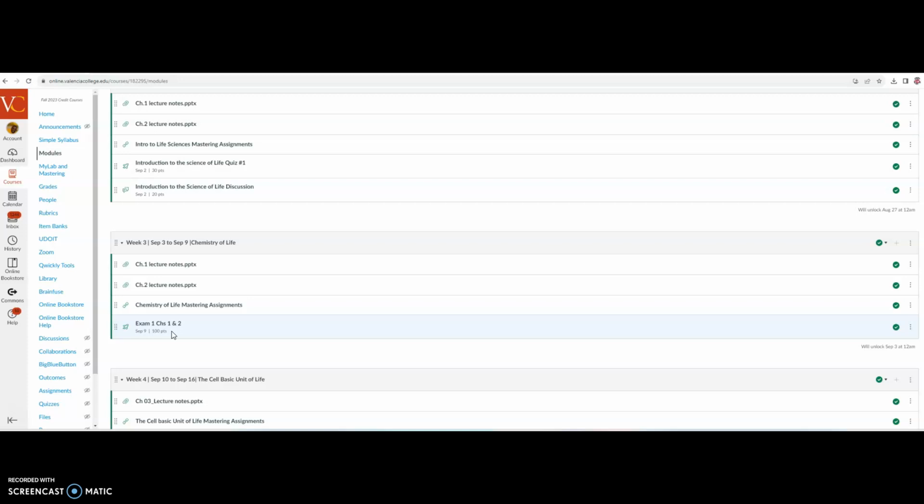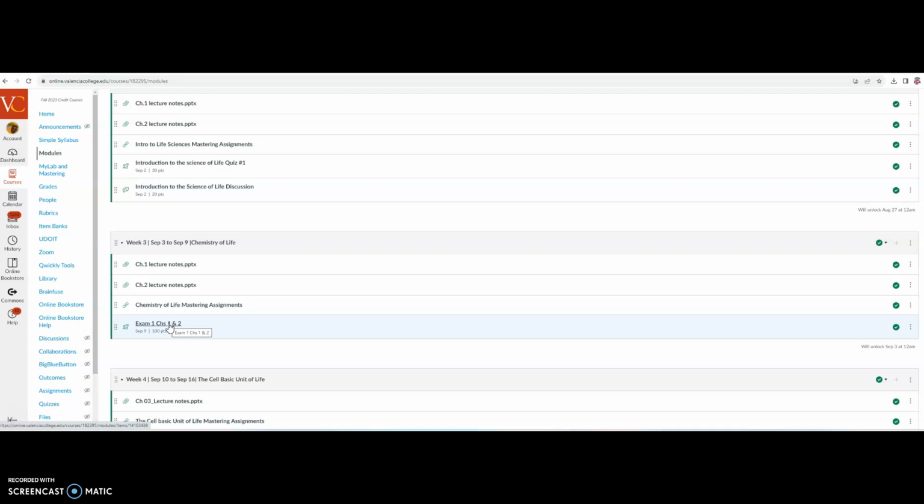That means that you can take them anywhere from when the module opens to when the module closes. All these modules open on Sundays at 12 a.m. and close on Saturdays at 11:59 p.m. But once you click on the exam, you have 90 minutes to complete it. And then it will close and it will self-submit.